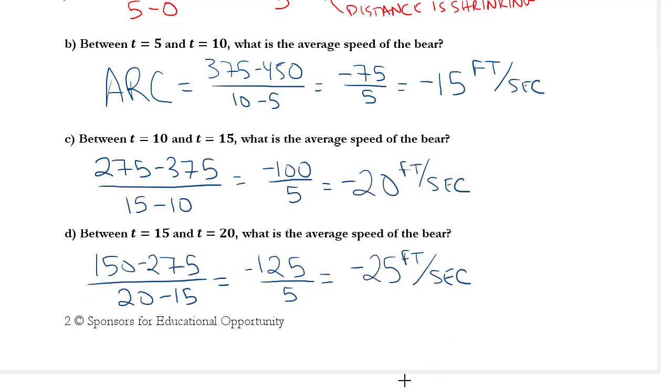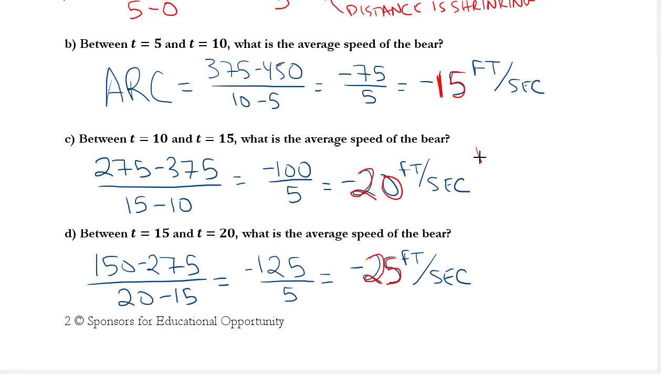Okay, so we've calculated the average rate of change between 5 and 10 seconds, 10 and 15, 15 and 20, and we notice that the speed at which the bear is running towards us, again, that's what that negative sign is doing, is moving from, on average, 15 feet per second to 20 feet per second to 25 feet per second.